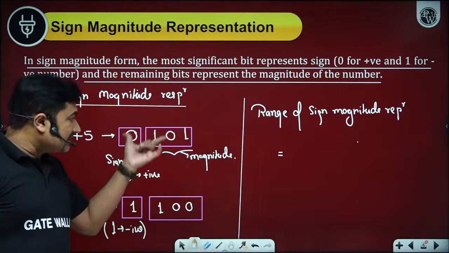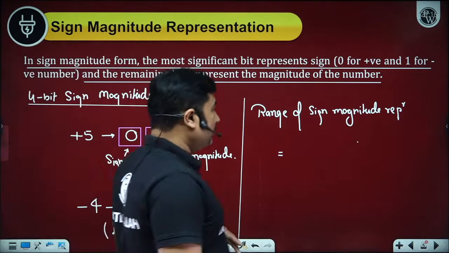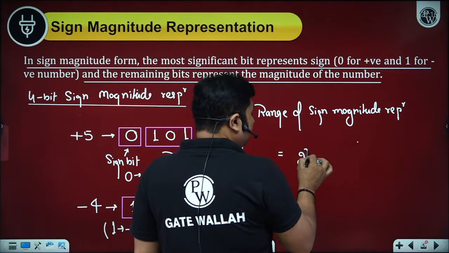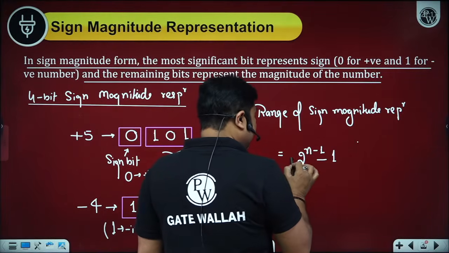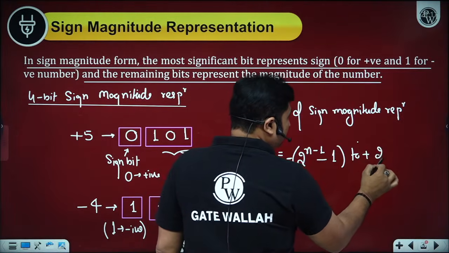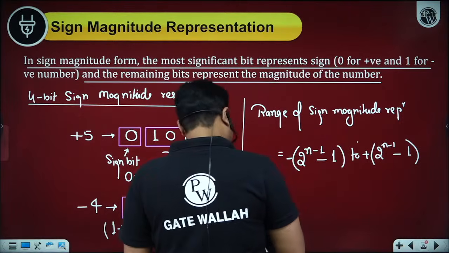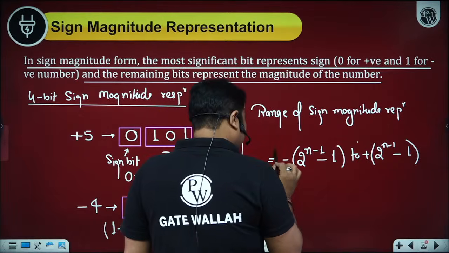So from plus 7 to minus 7 we can represent in 4 bits. So it means for n bits we have minus of 2 to the power n minus 1, whole minus 1, to plus of 2 to the power n minus 1, whole minus 1. So this is the basic range of sign magnitude representation.